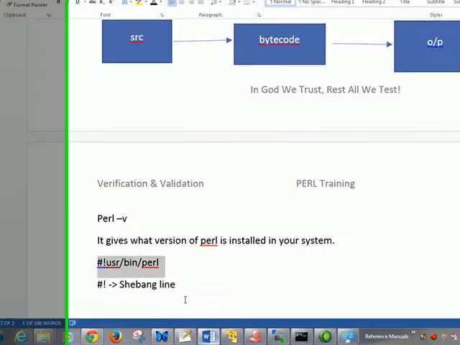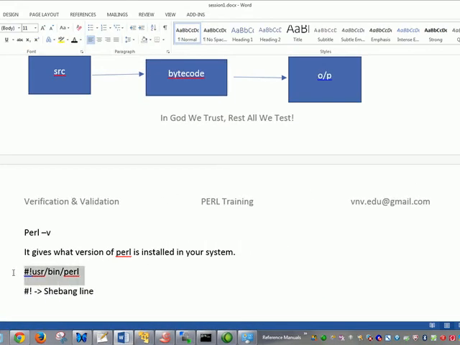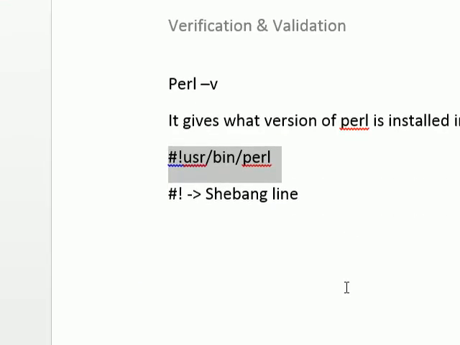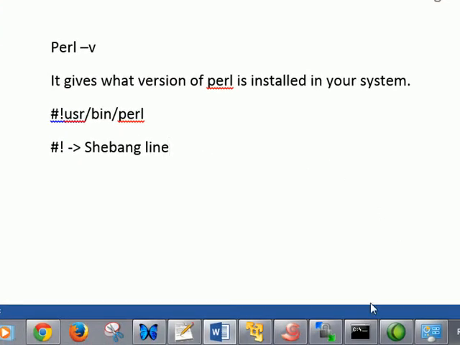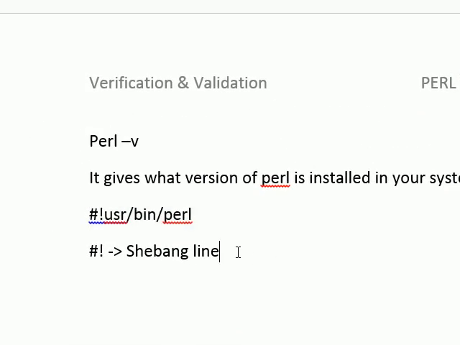So the shebang line, which is the first line of a Perl program, says where to find the Perl interpreter. In case you are using a Linux or Unix machine, this line is mandatory. But in Windows, after you set the environment variables, you can ignore this first line.